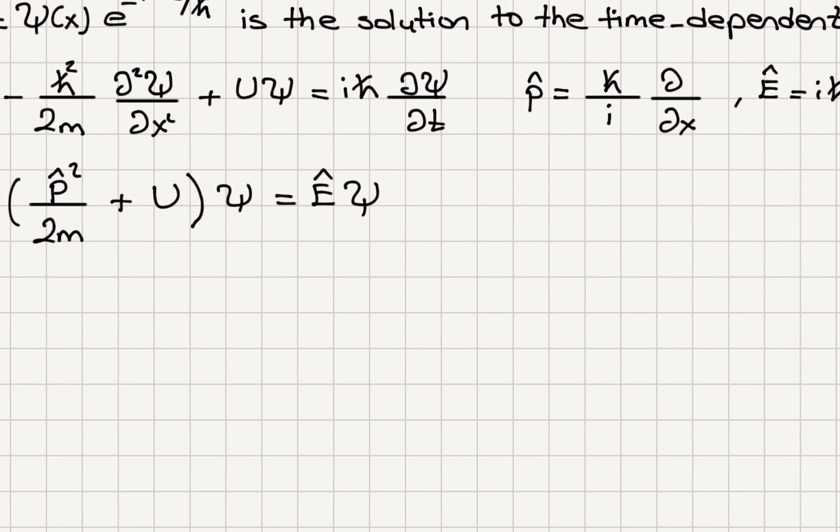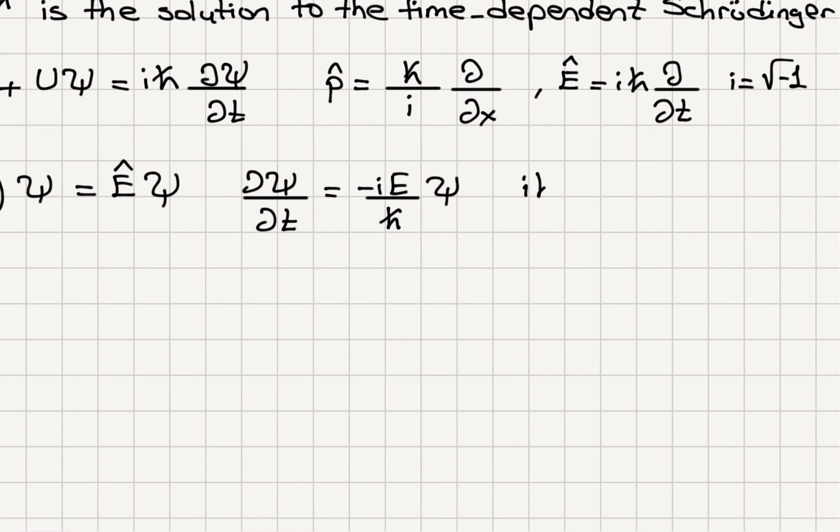So we have del psi del t is, as you can see here, minus iE over h bar times psi, and i h bar times del psi del t is equal to, so i multiplied with minus i gives us 1, h bars cancel, so this gives us energy times psi.